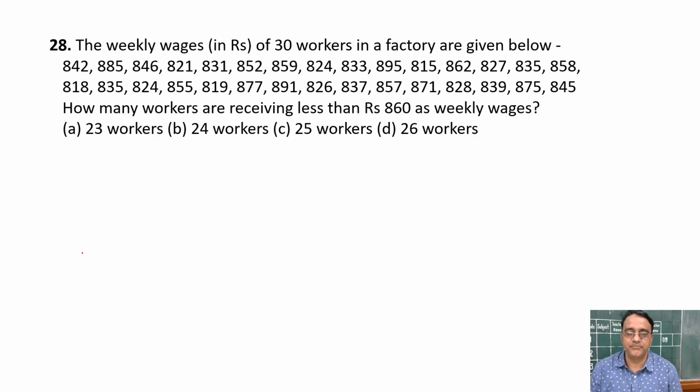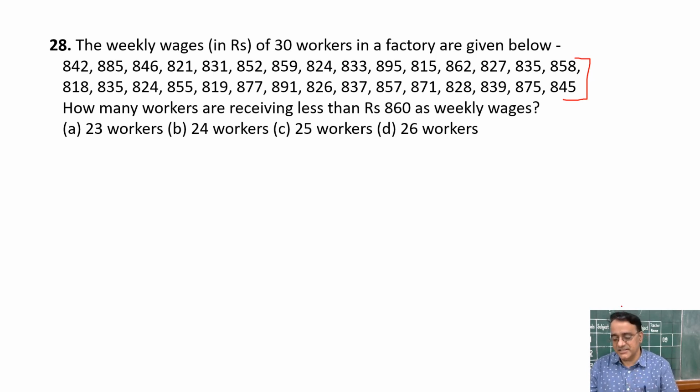The weekly wages in rupees of 30 workers in a factory are given below. So the wages of 30 workers are given here. How many workers are receiving less than 360 as weekly wages?